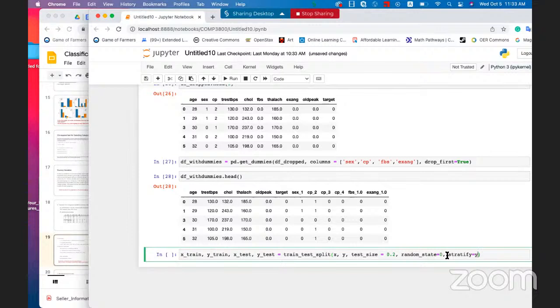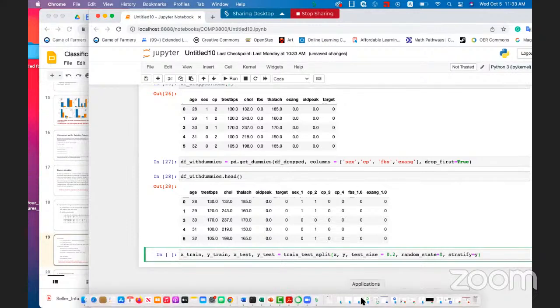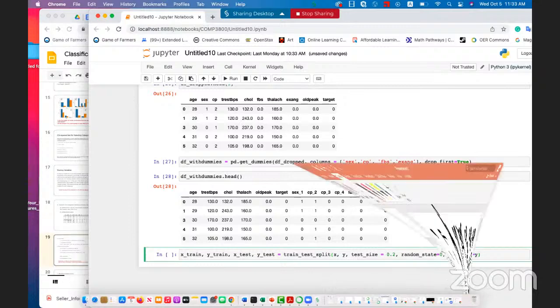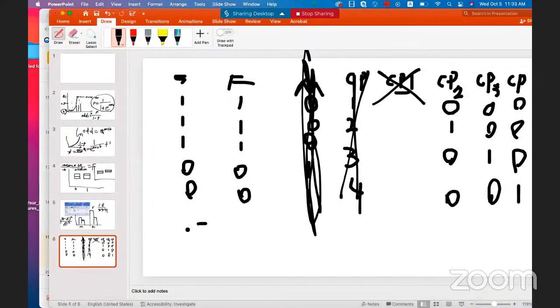So for example, in the original data set, we have 8 people who had a heart attack and 2 people who had no heart attack. So 4 to 1, right? 4 to 1, had a heart attack and had no heart attack.